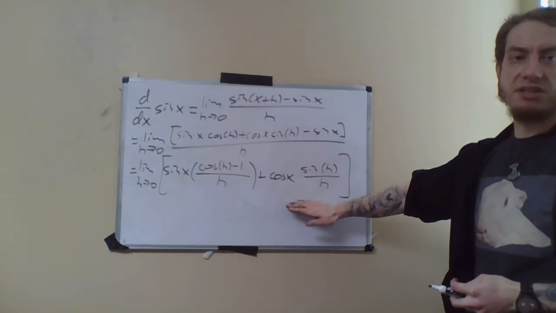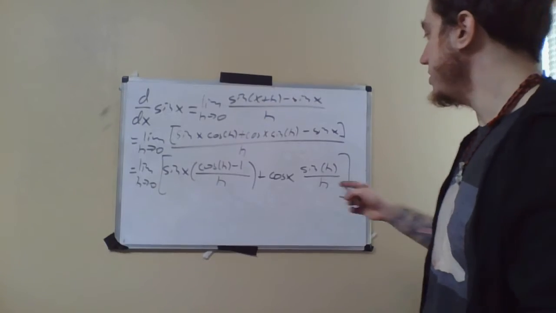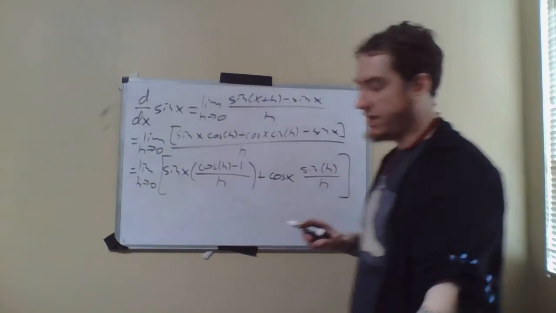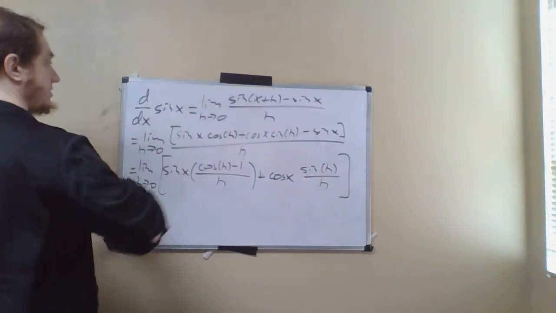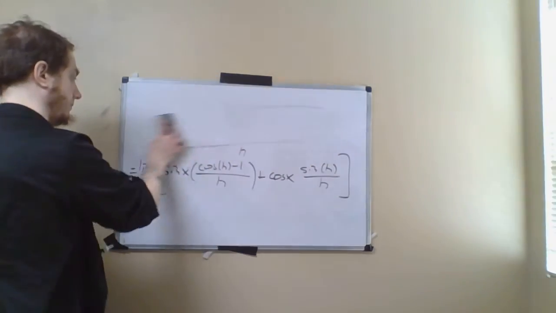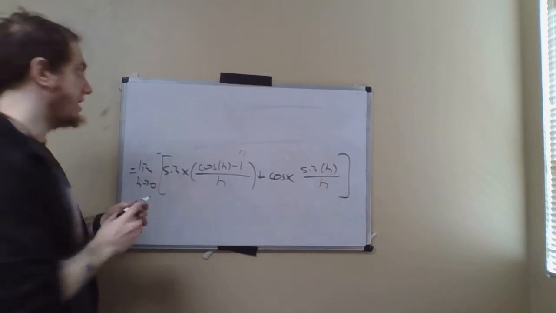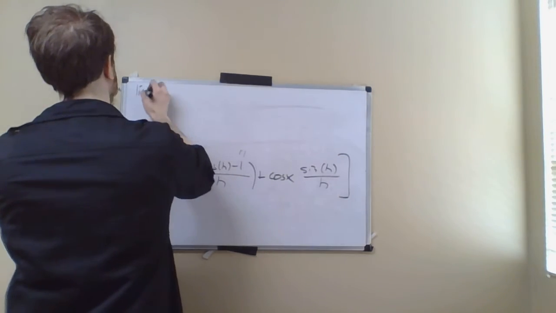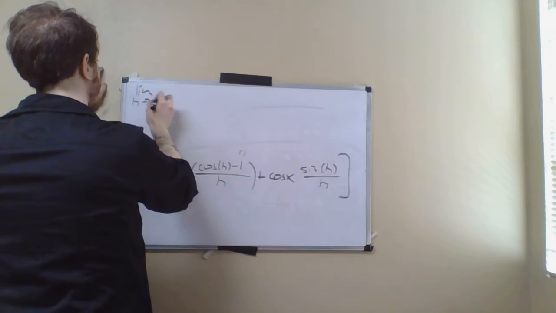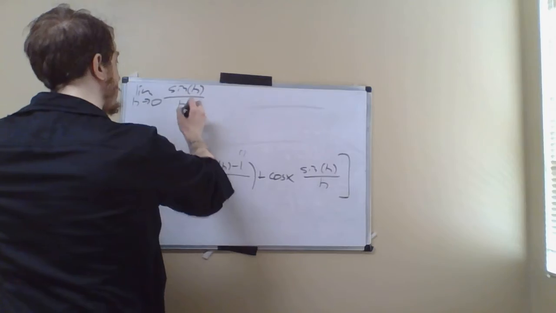So keep this in mind, and we're now going to try to work out the limit as h goes to 0 of sine h over h. I'm also going to knock everything off on my desk, but we'll worry about that later. So the limit as h goes to 0 of sine of h divided by h.